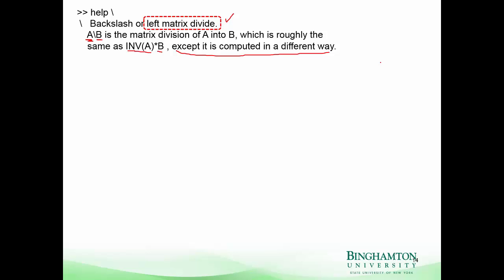MATLAB is very, very focused on computing things in ways that retain as much precision as possible. So in many instances, this is actually a preferred way to solve the matrix equation than explicitly computing the inverse of A.